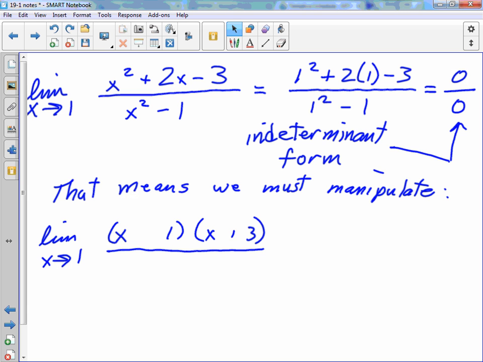The 3. The bigger one's got to be positive to make this negative. Check it. x squared plus 3x minus 1x minus 3. Does it work?